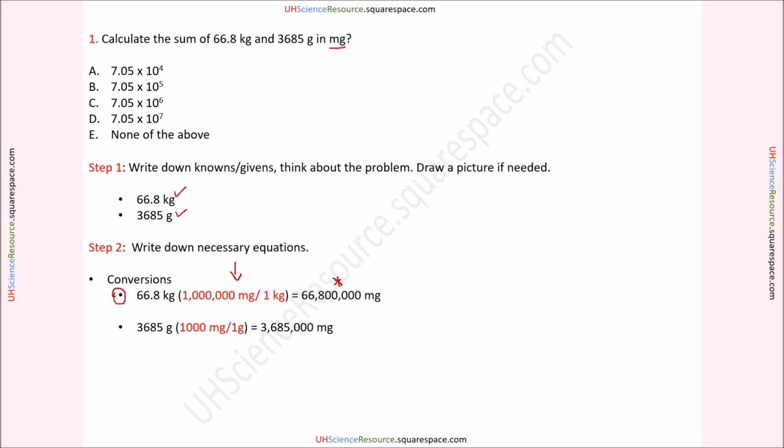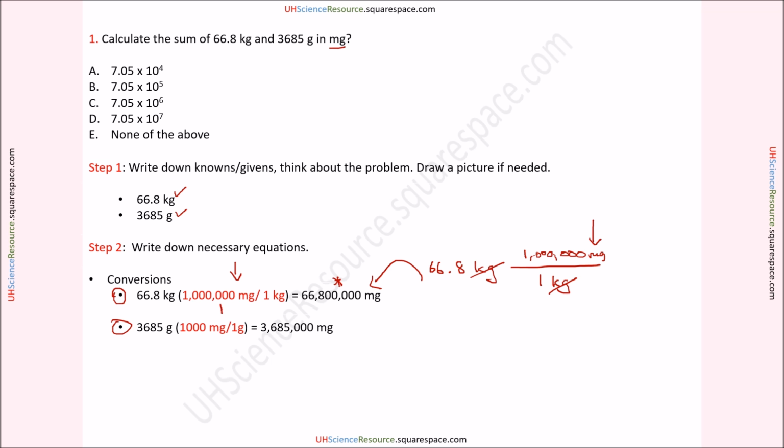To write this out so it's clear, 66.8 kilograms, and in 1 kilogram there's 1 million milligrams, so the kilogram unit cancels out and we're left with the unit of milligrams that we want. That's how we got 66,800,000 milligrams.